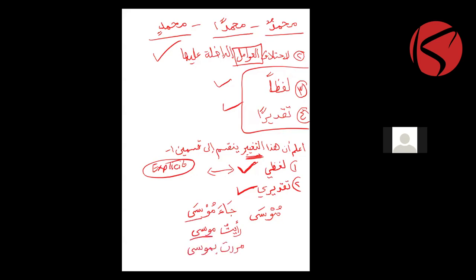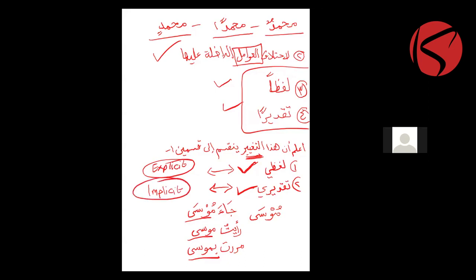This word Musa, has it changed? Can you see any changings that's taking place onto Musa? Can you see anything with Musa? Ajib, right? So Musa is not changing. So that's why Musa is implicit. Musa is implicit.